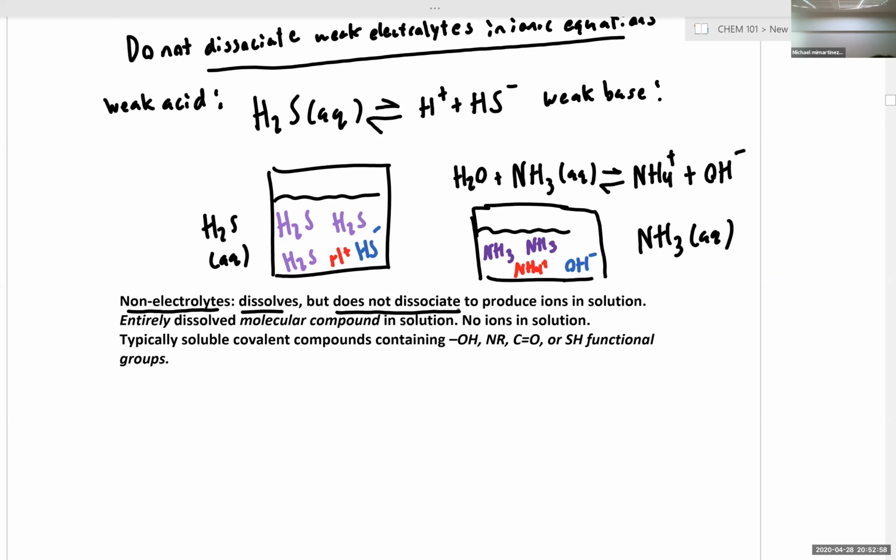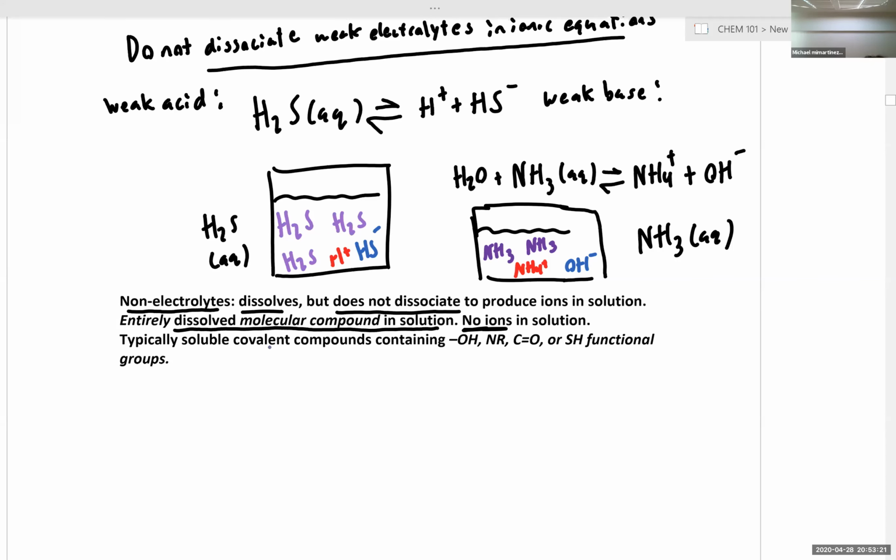So we have primarily and almost entirely dissolved molecular compound in solution. We have no ions present. Okay, so what type of compounds make up our non-electrolytes?